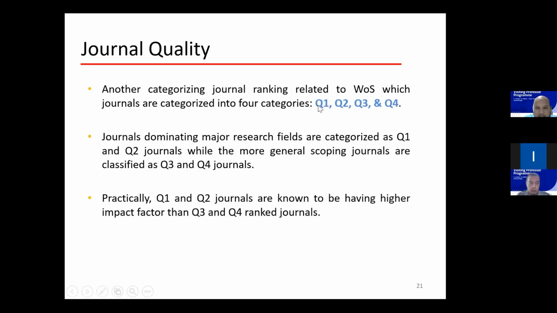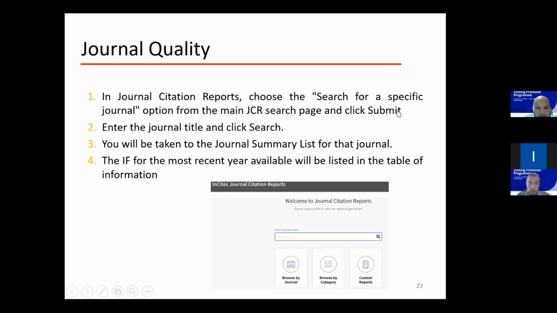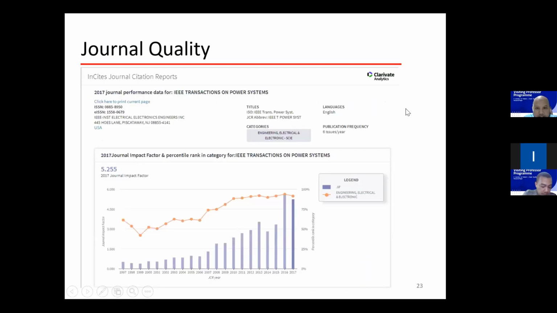So basically the journals in ISI are ranked according to 4 categories: Q1, Q2, Q3, and Q4. Okay, so we can check in the Journal Citation Report. For example, I just provide this example: IEEE Transactions on Power Systems. This is 2017.